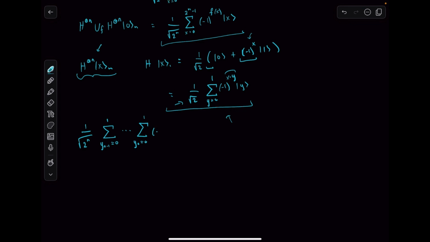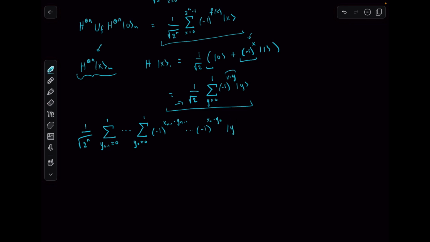And then within each of these sums, but I can just pull it out to the rightmost sum, we have these phase factors that depend on the current bit of y as well as the initial value of x. But we have to refer to each bit individually. So we have the n-1th bit of x and y multiplied together, and the same thing all the way down to the least significant bit.